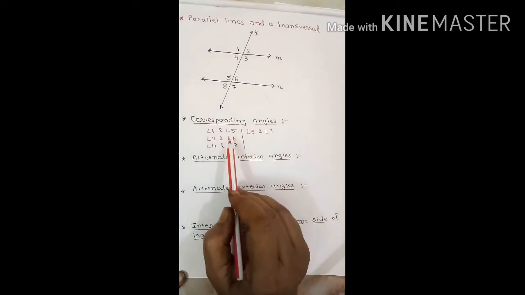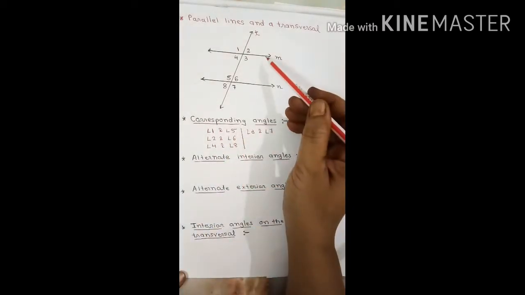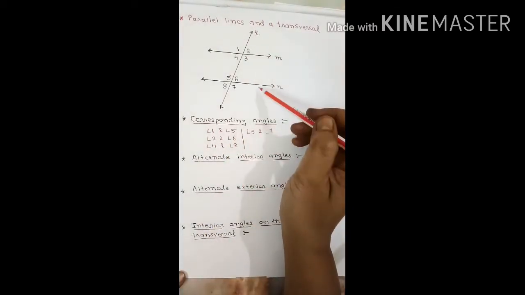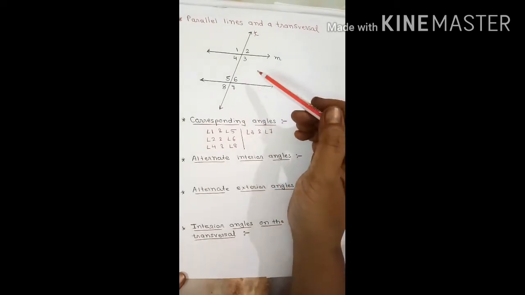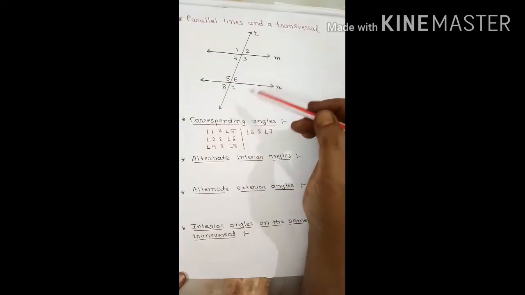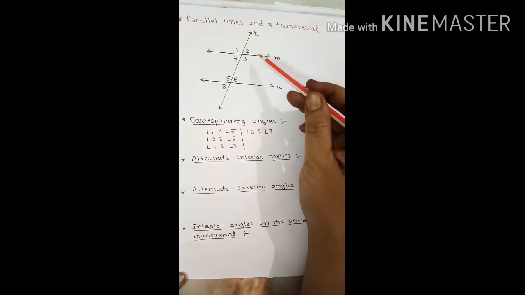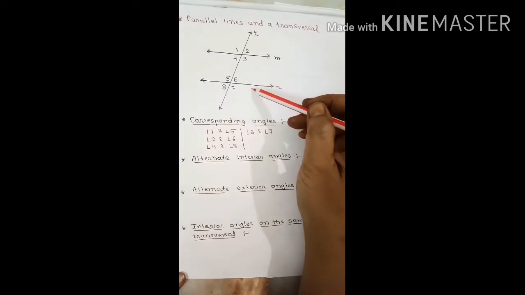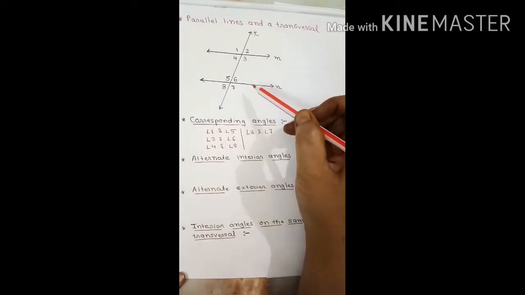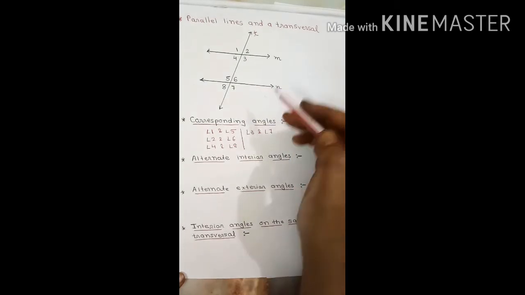Corresponding angles are always congruent if lines are parallel. This will come in the next session in the form of theorems, that if lines are parallel, then corresponding angles are always equal.